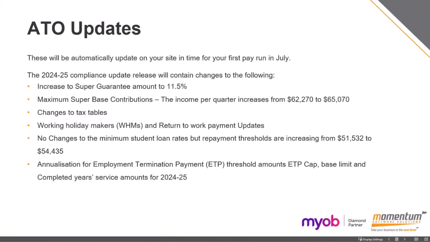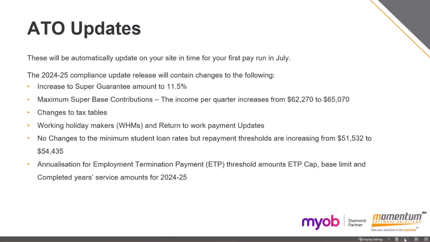And for employment termination payments, the threshold amounts, ETP cap base limit, and completed years of service amounts for 2024-25 have also changed. So all these changes will be applied automatically when you create a new pay for the 2024-25 financial year.